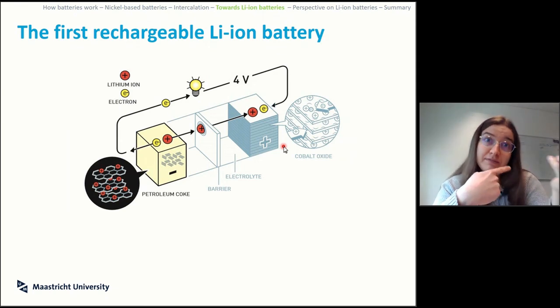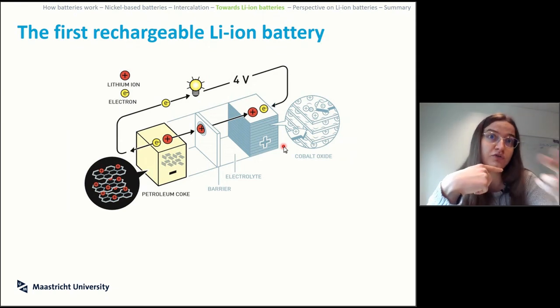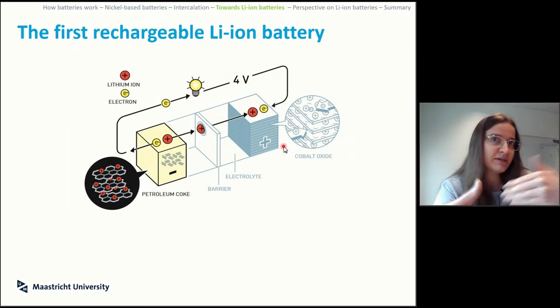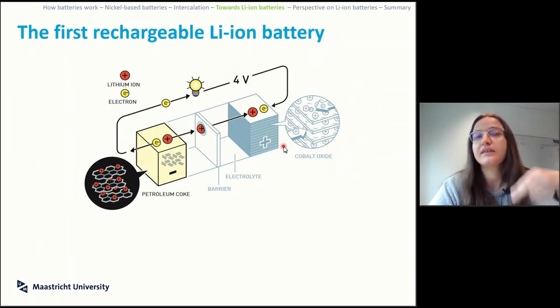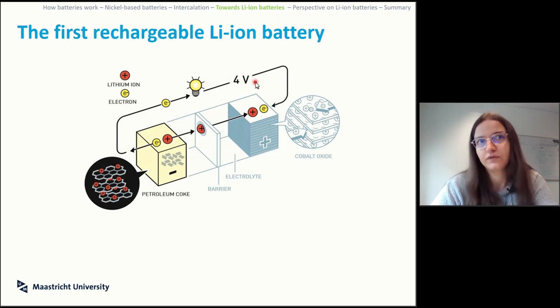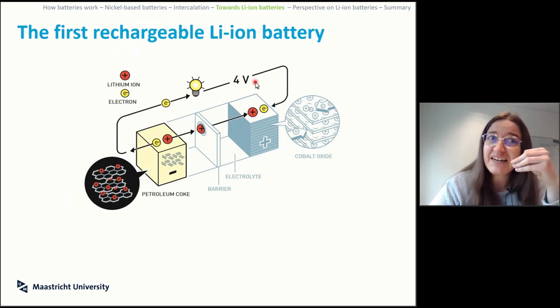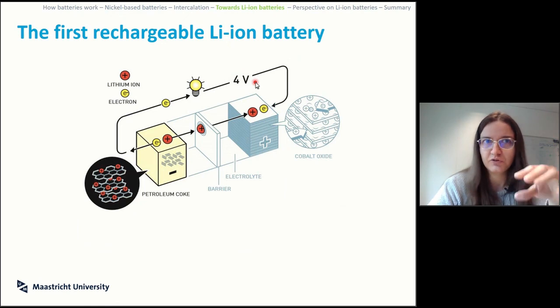You can impose a voltage, so you use power to recharge the battery and invert the whole flow. And then this can go on and on with 4 volts of energy and a very dense, very light battery. So this was revolutionary.